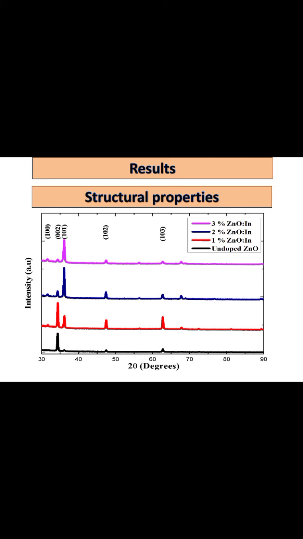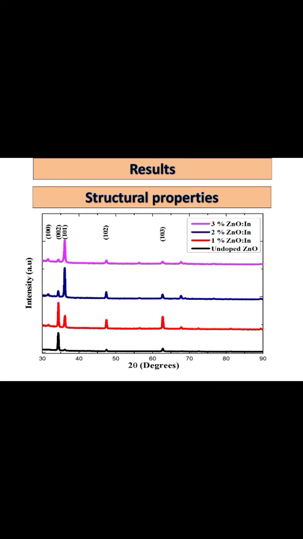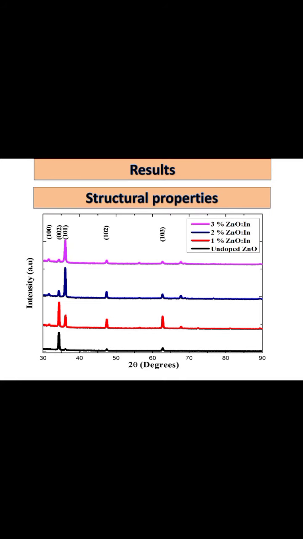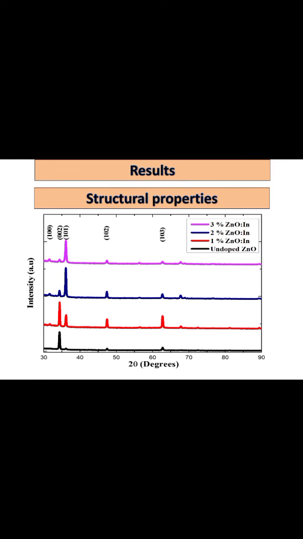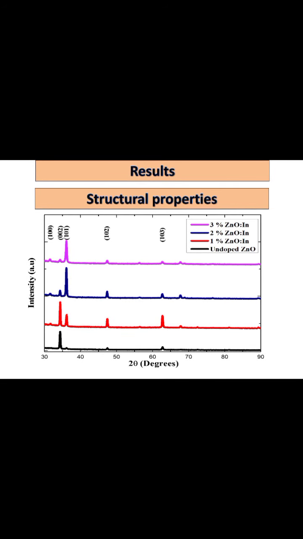It can be seen that the undoped sample shows a preferential orientation in the plane 002, just like the samples deposited with the lowest dopant concentrations, but for samples deposited with higher doping concentrations, the preferential orientation changes to the plane 101, which is obvious from the figures of texture coefficient.